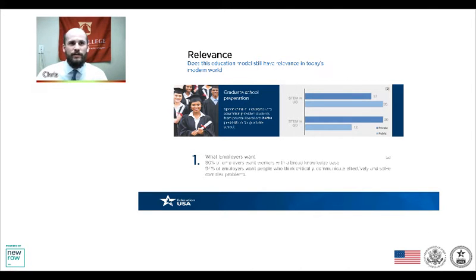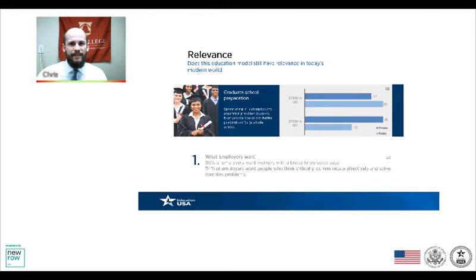94% of employers want people who can think critically, who can communicate well and effectively, and, sorry, I just can't quite read that last one, solve complex problems. And again, as I mentioned before, those are some of the key components of our educational model here at liberal arts colleges.